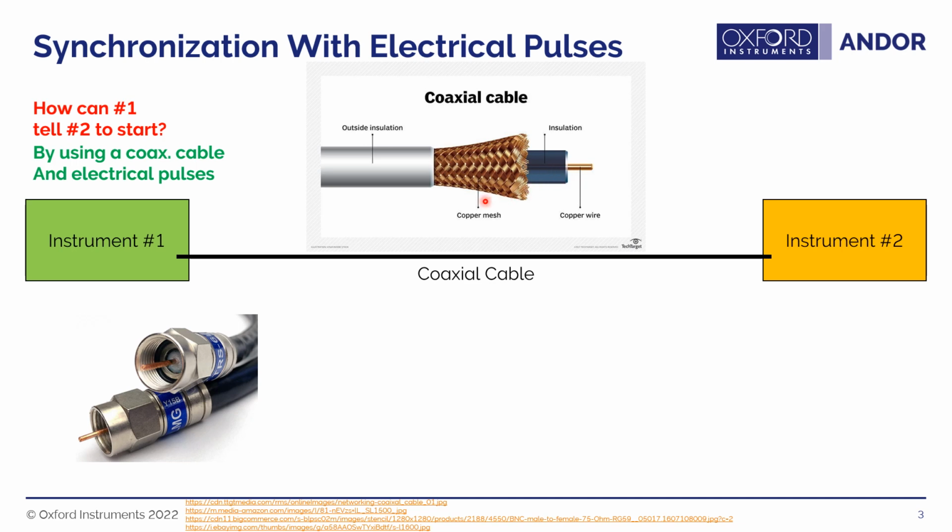There's then often a mesh of some sort surrounding the cable to try to reduce the influence of electromagnetic radiation in the room affecting the signals you're trying to send along this cable, as well as an outside insulation layer. You may be familiar with coaxial cables from cable television plugs, but the plugs in the lab have often somewhat similar yet slightly different connector types.